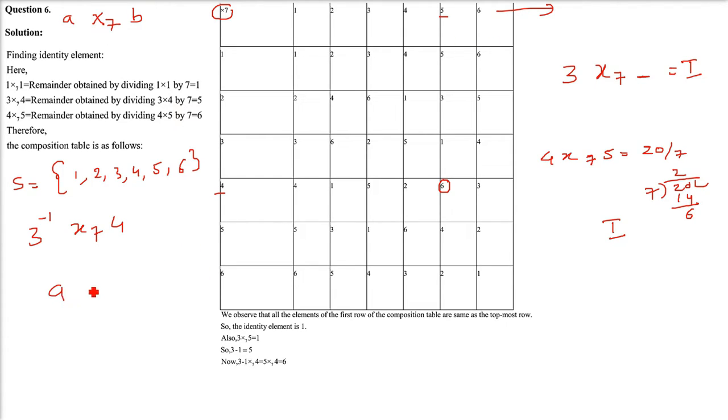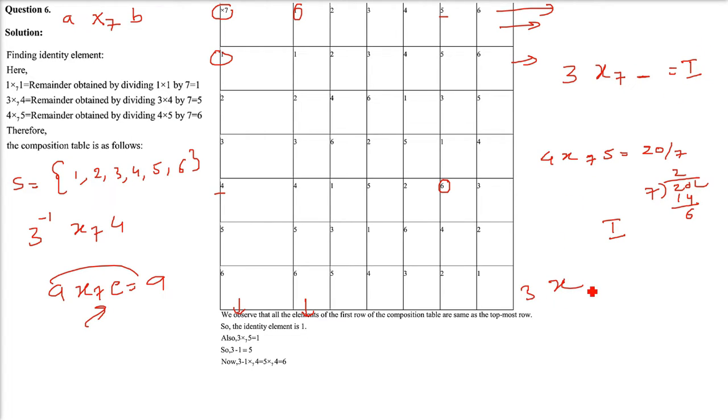Identity element means when you operate a certain value with that identity element, that element should come back. The first and second row are exactly the same, and when they are operated with what number? 1. So it's quite clear that the identity is 1 here.